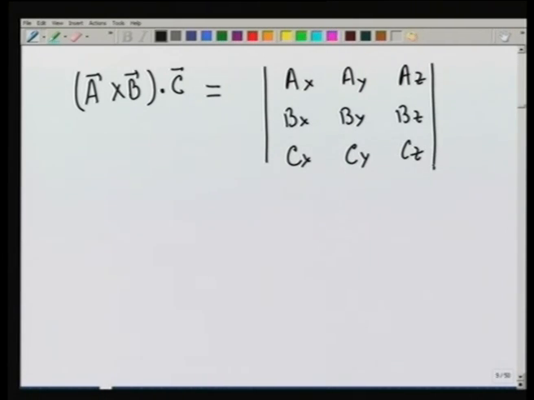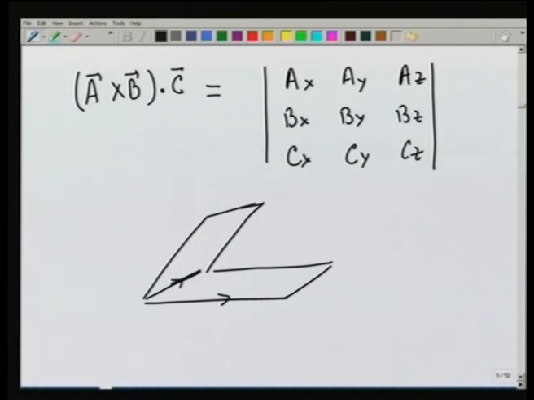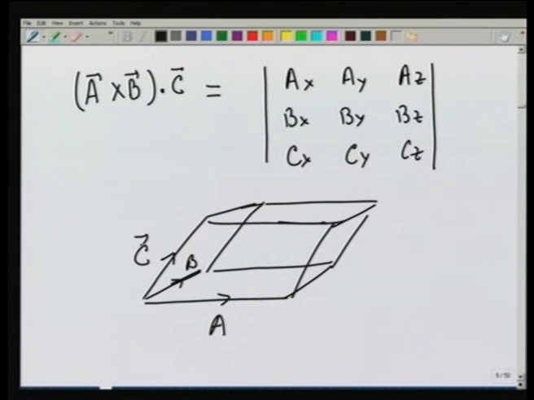Its value has a geometric interpretation: if I form a parallelepiped by vectors A, B and C, it is the volume of this parallelepiped. So, that is the geometric interpretation.